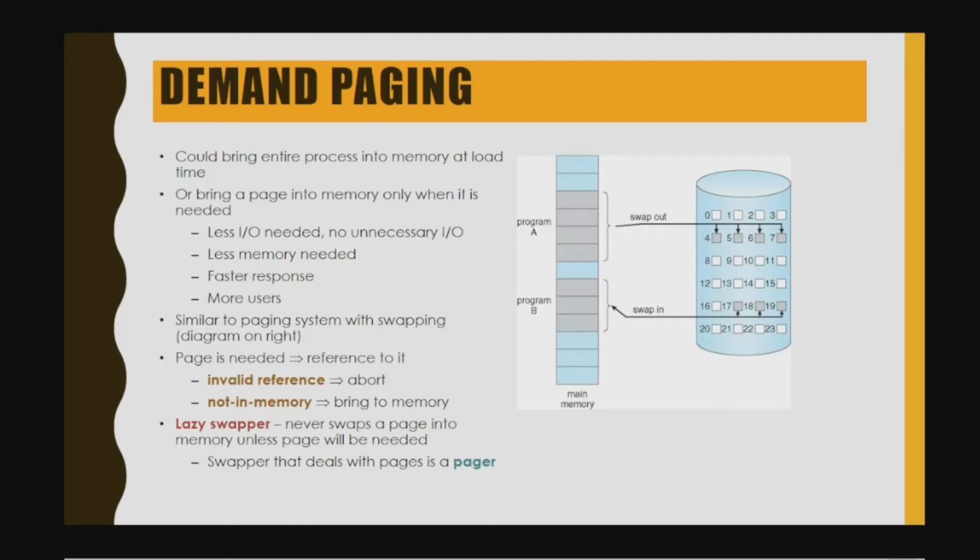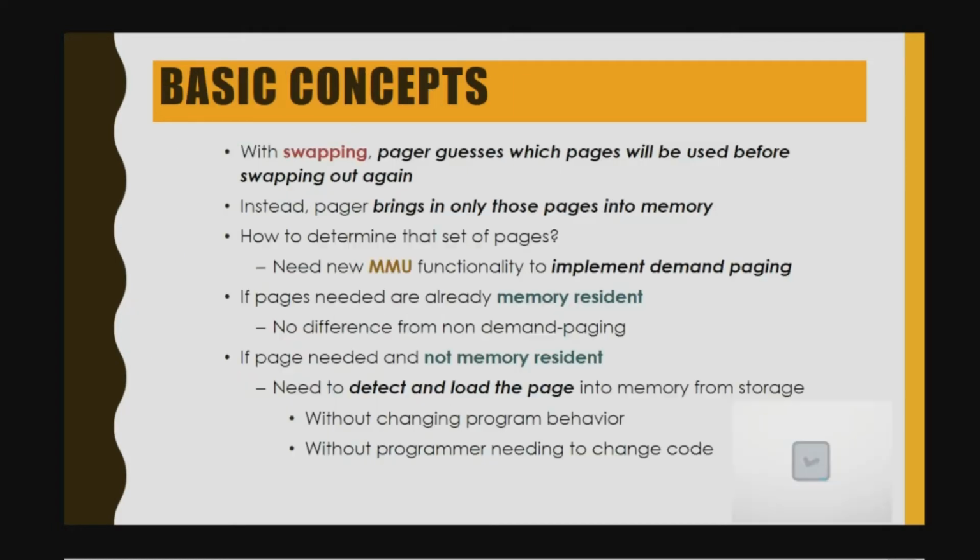Lazy swapper refers to never swapping a page into memory unless the page will be needed. The swapper that deals with pages we call a pager. So this is the process of swapping in to the memory and swapping out to the secondary disk.